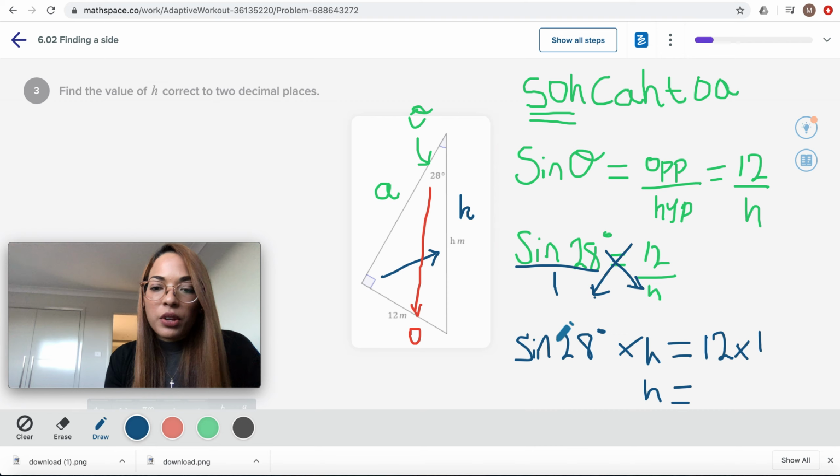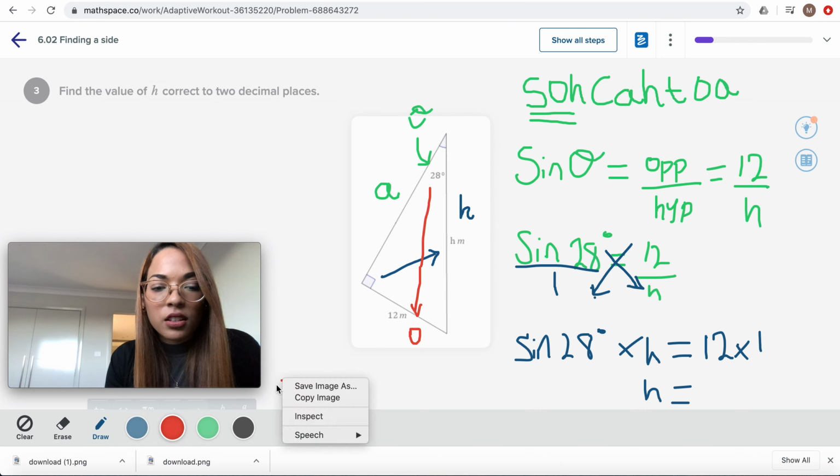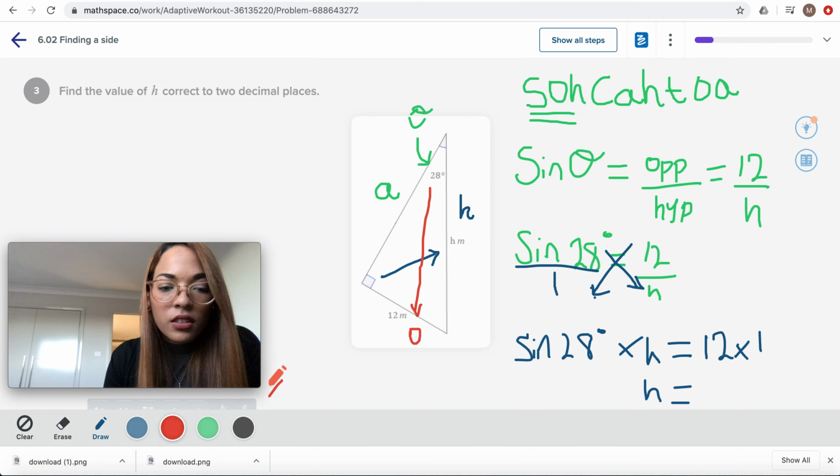How do I get rid of sine 28 if I want h on its own? I will divide both sides by sine 28. If I divide sine 28 by sine 28, I'll have 1. Now this is going to be a mission writing this.